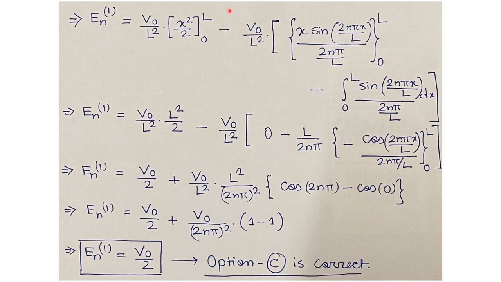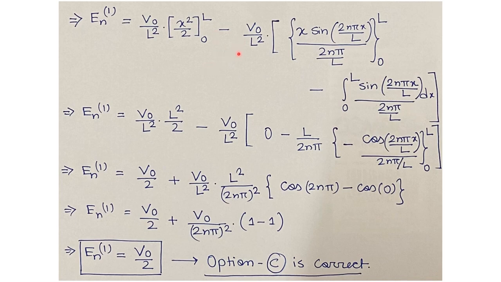Now from the previous equation we have to perform two integrations. One was integration x dx from 0 to L, another one was integration 0 to L x cos 2 n pi x by L dx. So for the first integration we will have V0 by L squared times x squared by 2 from 0 to L, and for the second integration we have to apply the by parts rule.